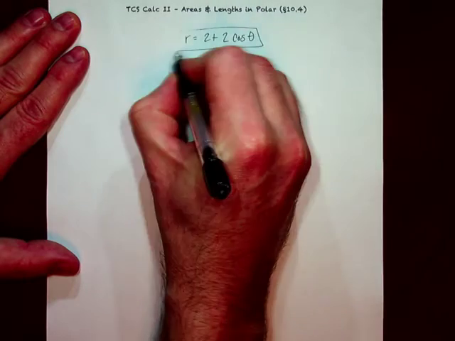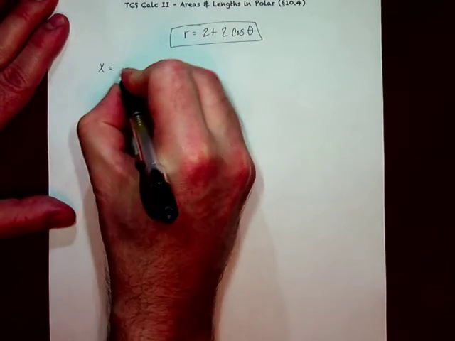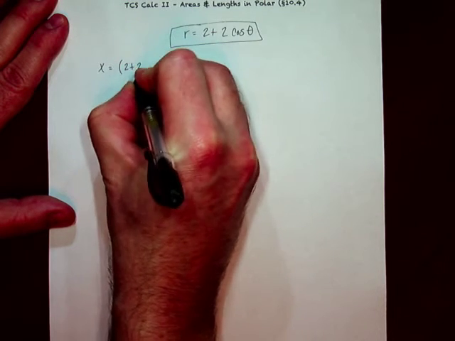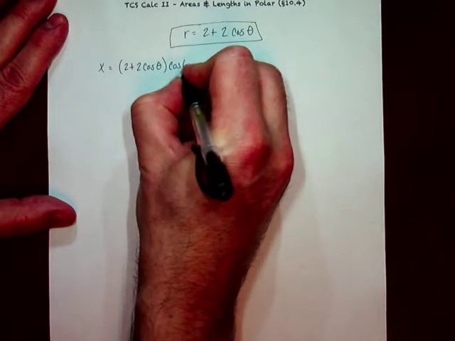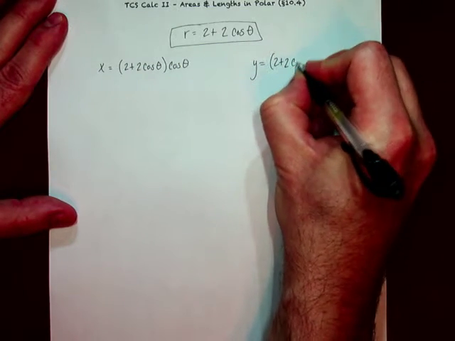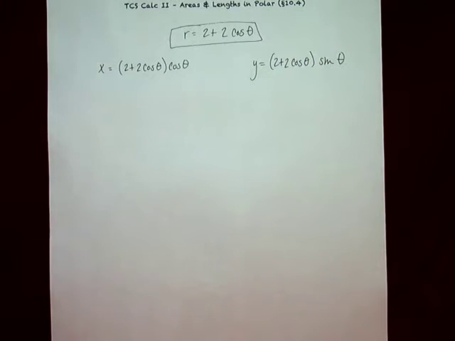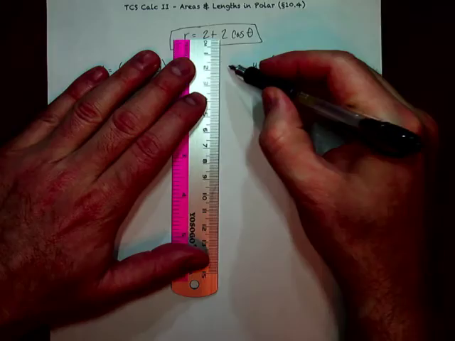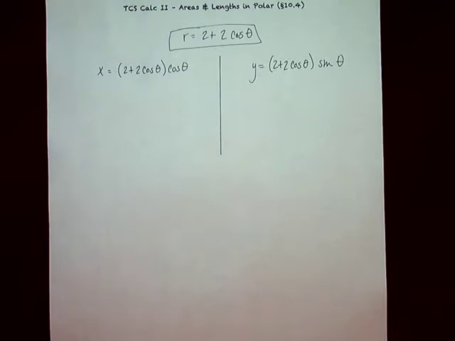That is our equation. If we want to turn it into parametric, we basically take x equals r cosine theta and y equals r sine theta. For a little while, we're going to be running on two sides of the paper, so let's draw a dividing line to keep our work nice and tidy.